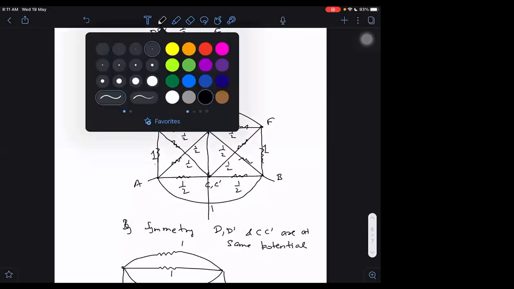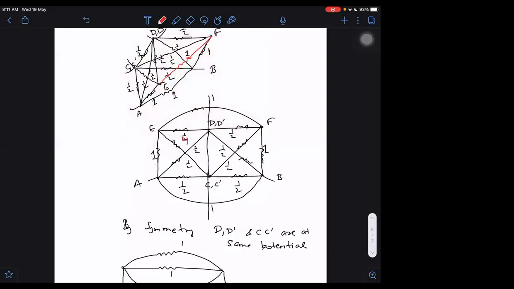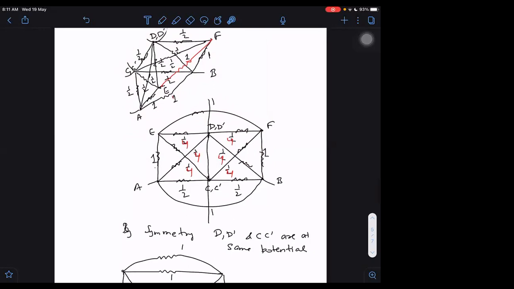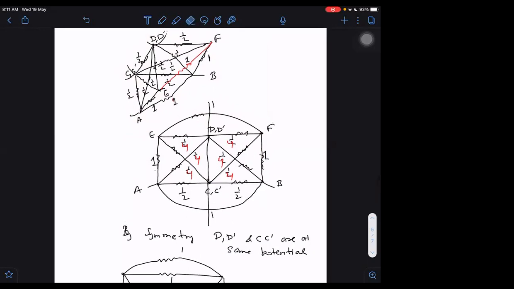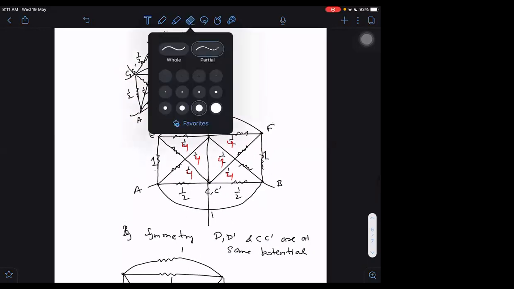So let me put this as 1 by 4, 1 by 4, 1 by 4, 1 by 4, 1 by 4, 1 by 4. So that is half only, sir, at the top. E to D will be half only. E to F will not be 1 by 4, will it be? No, it will not be, right? 1 by 2 only, sir.